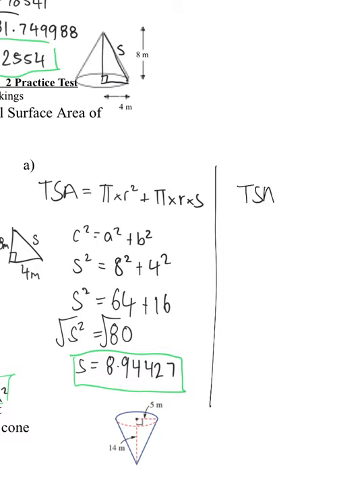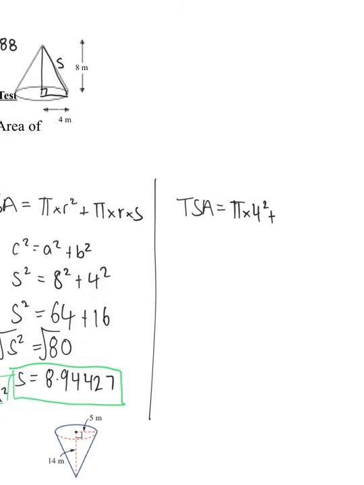So our total surface area becomes, using that rule, pi times 4 squared, plus pi times 4 again, times our slant height of 8.94427. Cool, so we get a total surface area of pi times 4 squared.